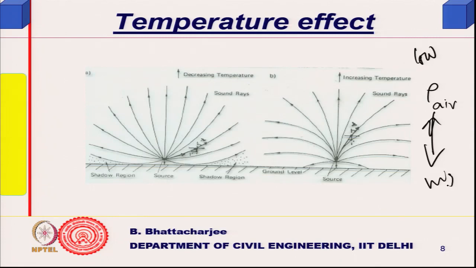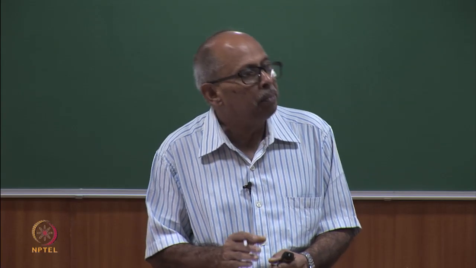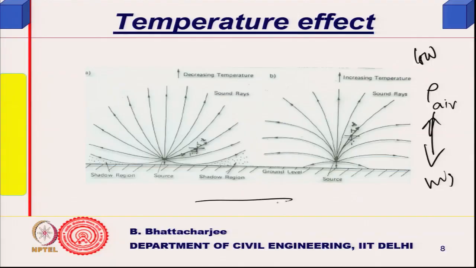And when sound travels from a denser medium to a rarer medium, it bends outward. For example, this is the denser medium, where rho 2 is greater than rho 1. So, what will happen? The sound traveling like this will travel like this, with the incident angle, and it bent outward.